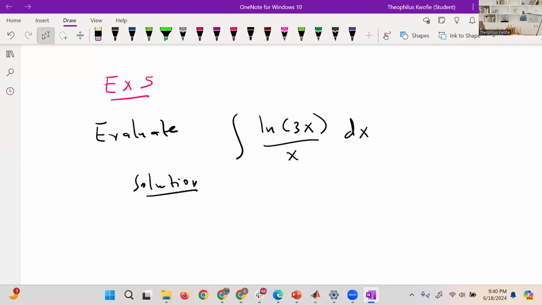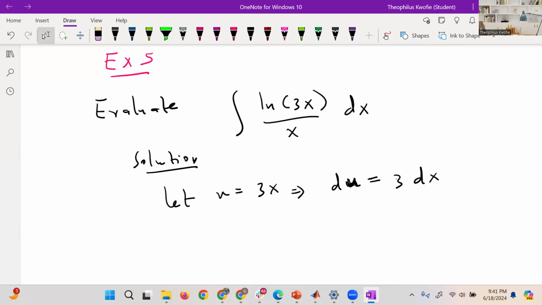Now what we're going to do is, over here, let u be what? We can let u be 3x. Then this implies that our du will be what? Will be 3 dx. Is that okay? Our du will be 3 dx. Is that right?